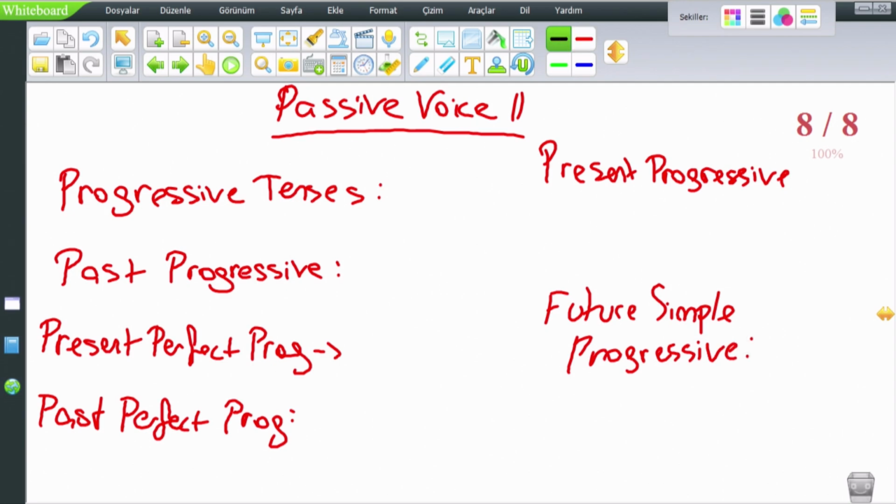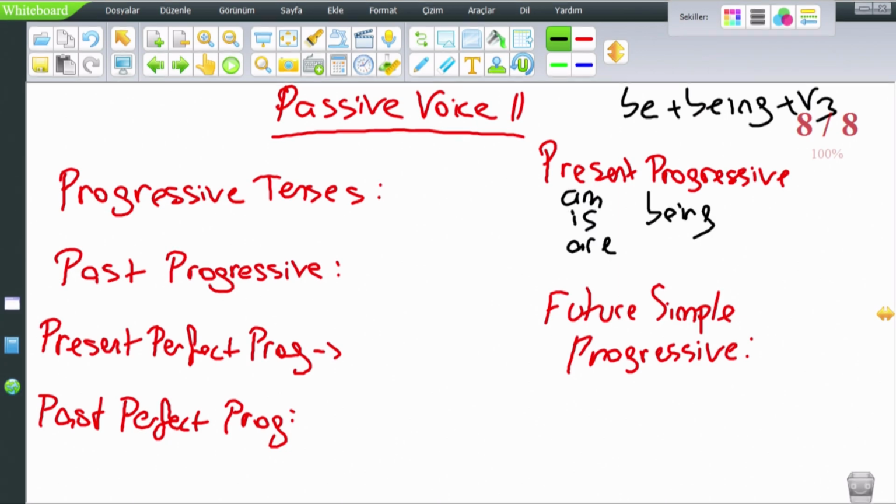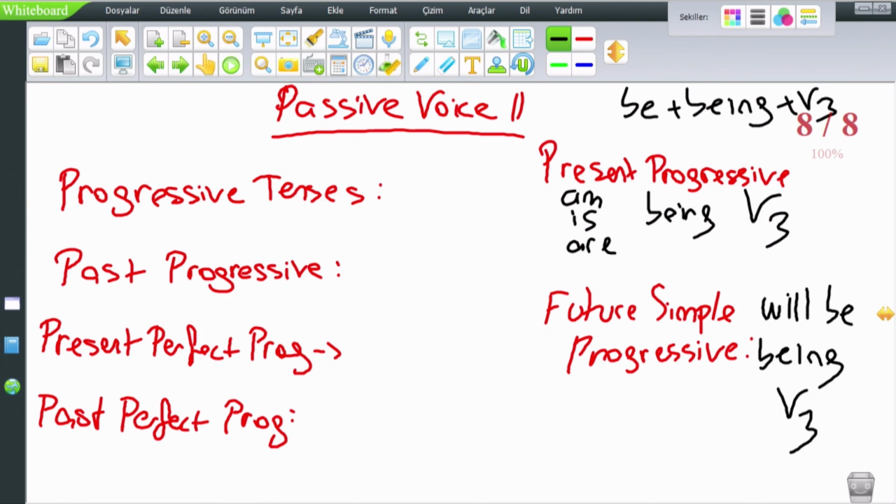Let's start with present progressive. The rule we have in passive voice 2 is be, being, and verb 3. So I will either use am, is, or are, being, verb 3. Future simple, will be being, verb 3.